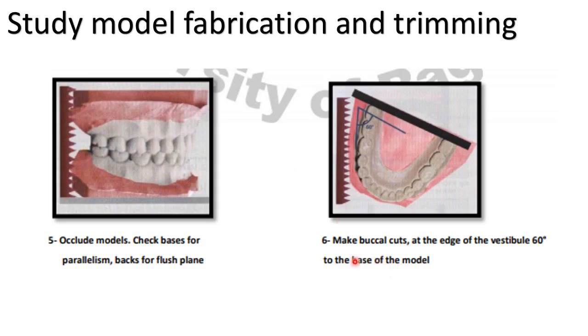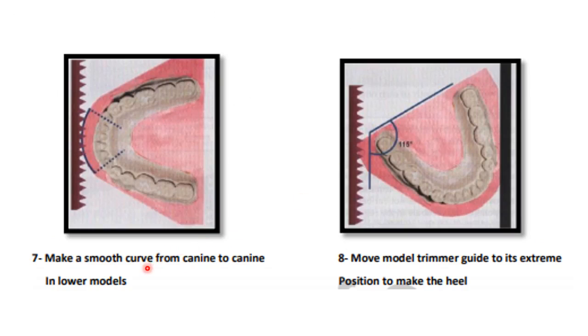And then make buccal cuts at the edges of the vestibule. It should be about 60 degrees to the base of the model. Then make a smooth curve from the canine to the canine in the lower model, in the lower arch. It should be like that.